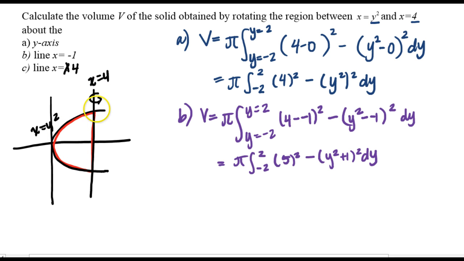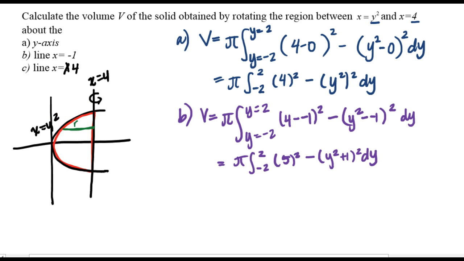What's unique about this problem is that my region does entirely border my axis of rotation. That means I only need a disk method. Let's draw one of the cross sections here. I'm going to have a radius from the axis of rotation, and that method still works, to the furthest away function.